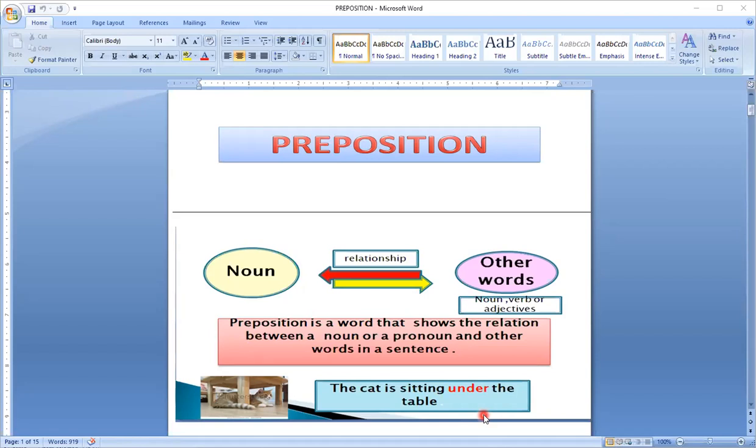Table is a noun, and the noun shows the placement of a cat. Here we talk about a cat. जो हमको relationship पता चलता है कि cat और table के बीच में क्या हो रहा है, sitting, under a table. टेबल के अंडर है.